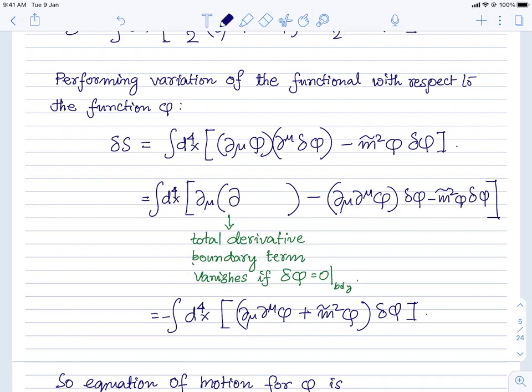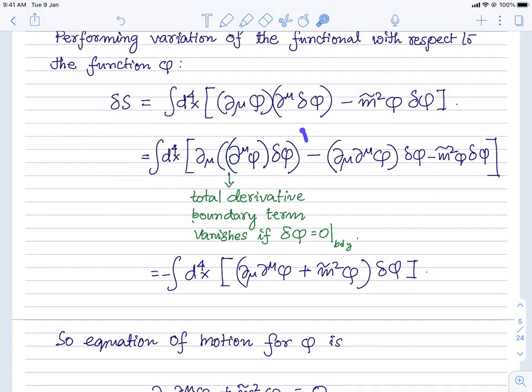What I want is, when you act this on phi, this thing times delta phi. That's what I want. So when you act this derivative on this delta phi, then you get back this term. And when you act this derivative on this one, then you get back this term, which is multiplied by delta phi outside the derivative. All right, so that's what I mean. And this is again a total derivative, and we are going to assume that the fluctuations, this del phi, vanishes at the space-time boundary.